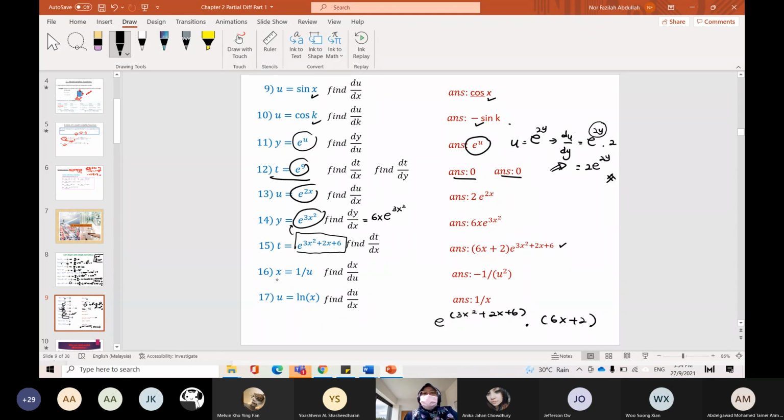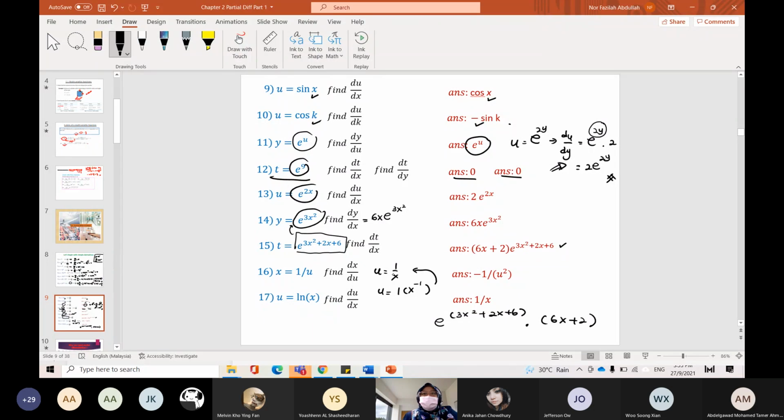Let's say here you have u equal to 1 over x. When you differentiate, if you change it, it becomes u equals x to the power of negative 1. Correct or not? So when you change it, you get 1 over x.